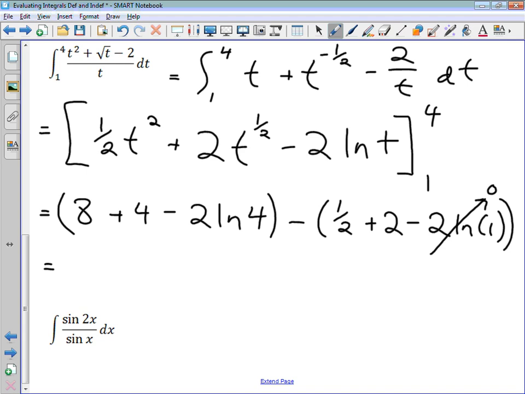So we work all this out, doing this addition and subtraction, and we get 9.5 minus 2 ln 4 as our final answer here. And we could evaluate that if we wanted to. Okay. All right. Last example here.